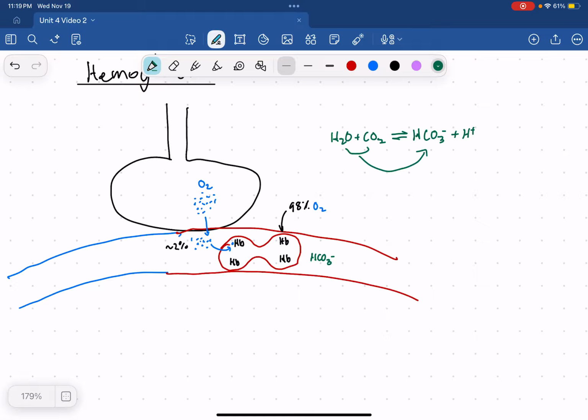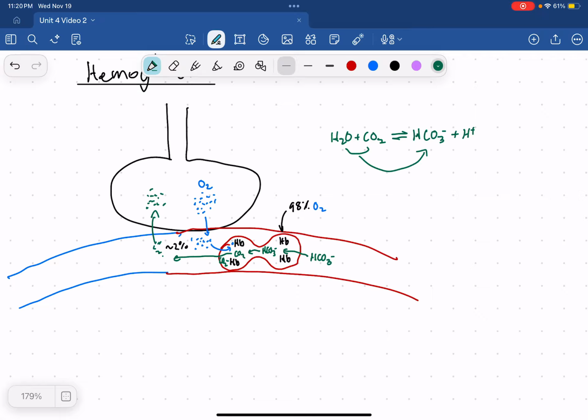We can take that bicarbonate, move it into red blood cells, and convert it over to CO2. We can attach it to hemoglobin, or we can kick it out of the bloodstream so that when we get over here, we can diffuse that CO2 over into the lungs. And so hemoglobin is basically the taxi that shuttles CO2 and oxygen throughout the body.